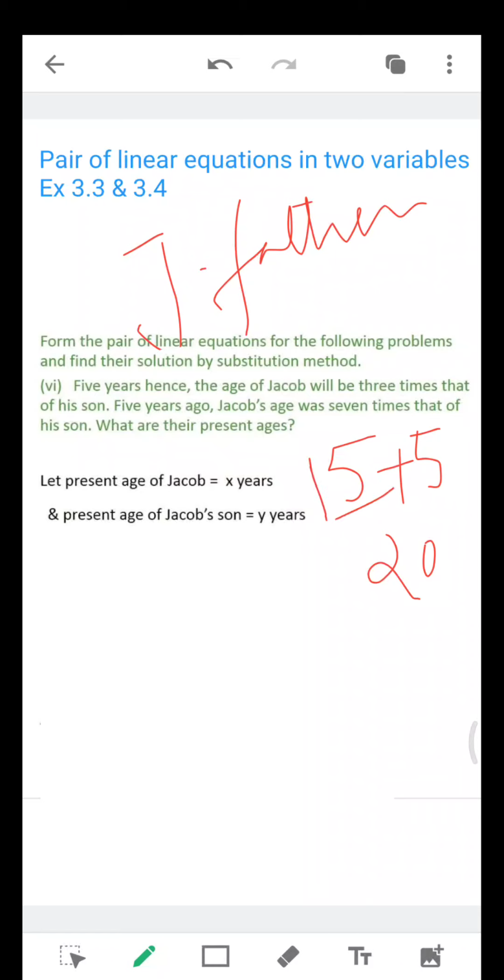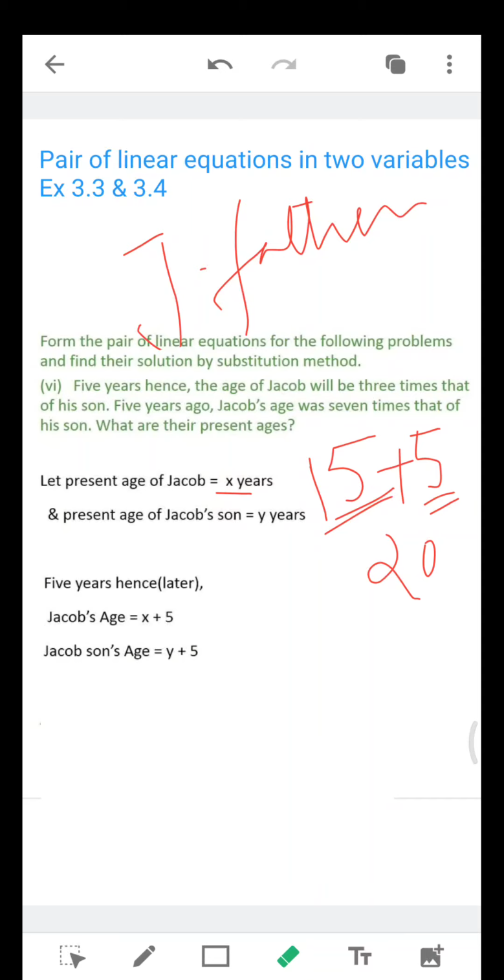Like you are 15 years now, 5 years hence you will be 20. So Jacob is x years now, so 5 years hence how much will he be? 5 years later Jacob will be x plus 5 and his son will be y plus 5.